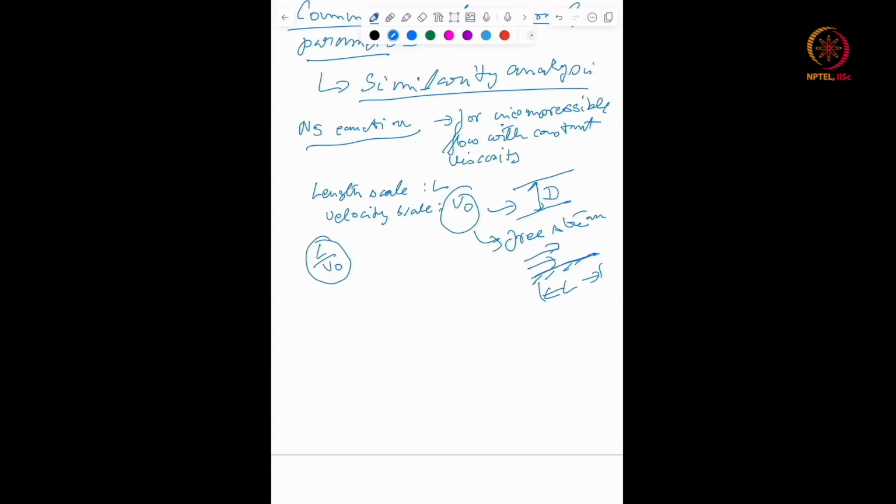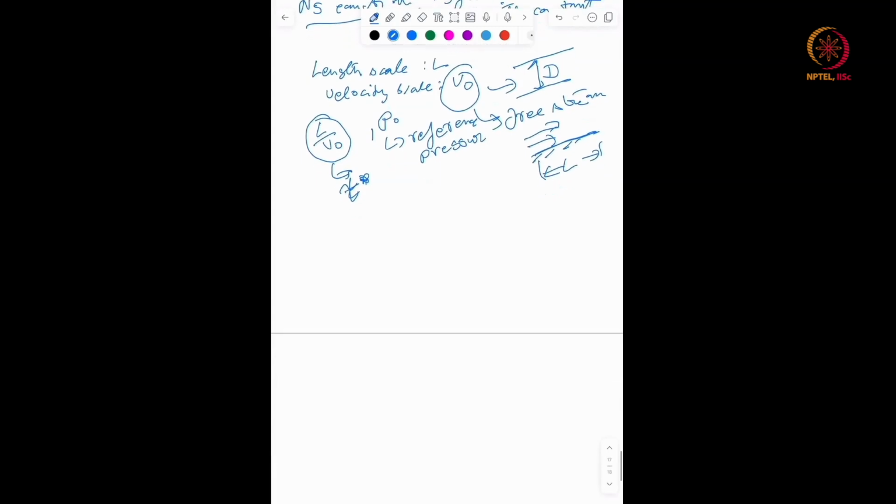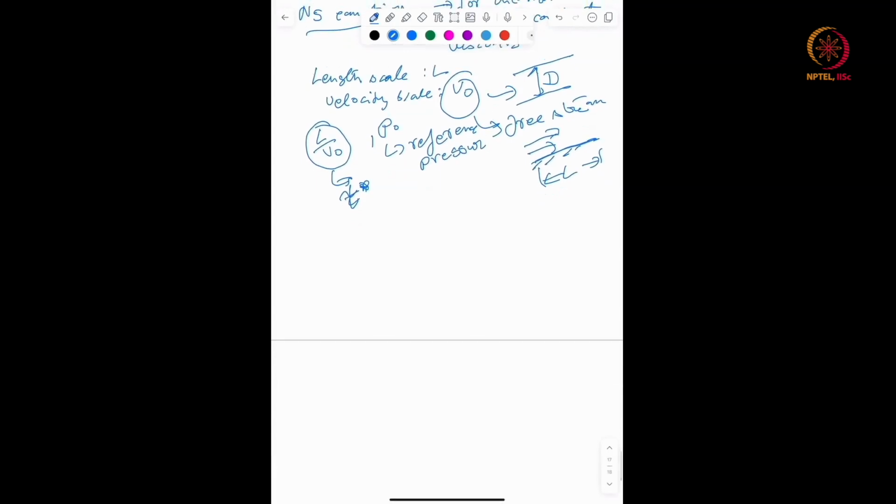The pressure is normalized by, say, P naught, which is the reference pressure. So this is like the non-dimensional time, tau or t star, for example. So if you now denote the dimensionless variables using asterisks, one can express this Navier-Stokes equation like this.